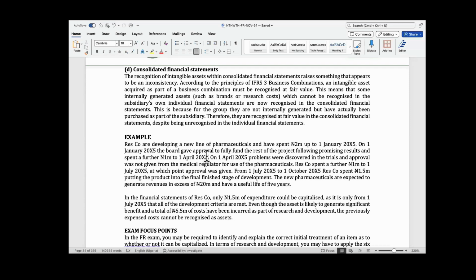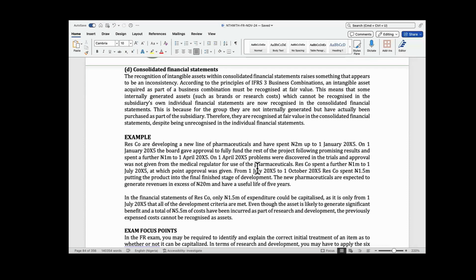In April 2005, problems were discovered in the trials, and approval was not given by the medical regulator for use of the pharmaceuticals. Resco spent a further 1 million to 1st July 2005, at which point approval was given.